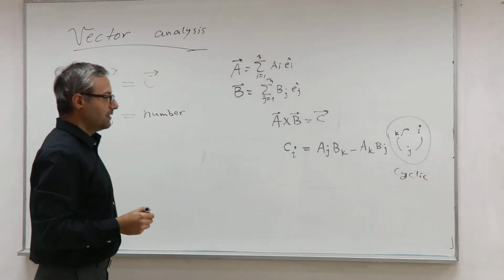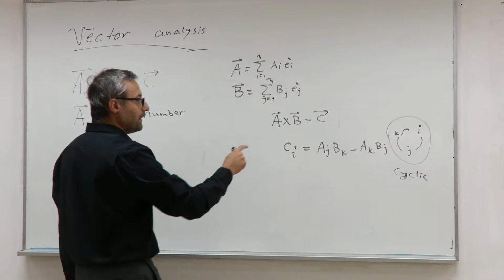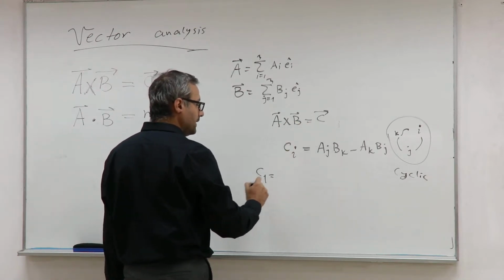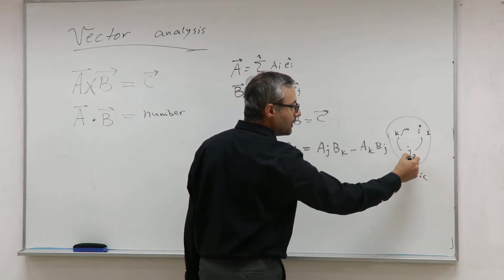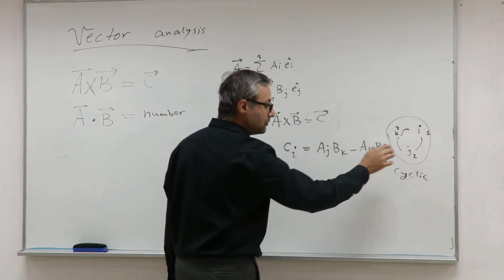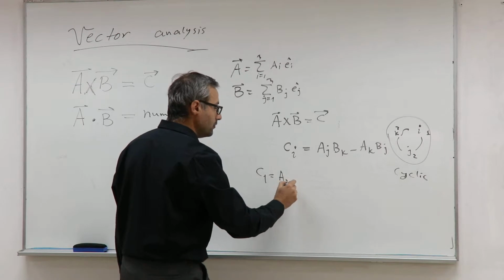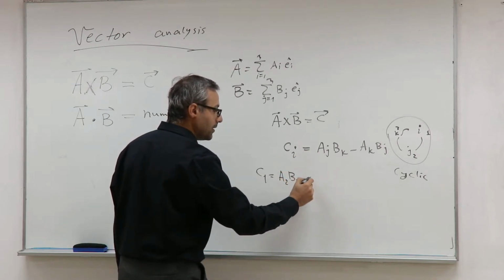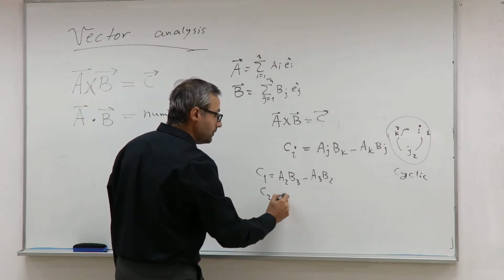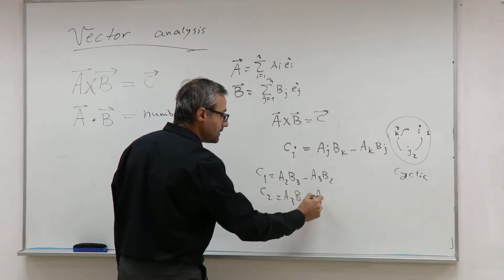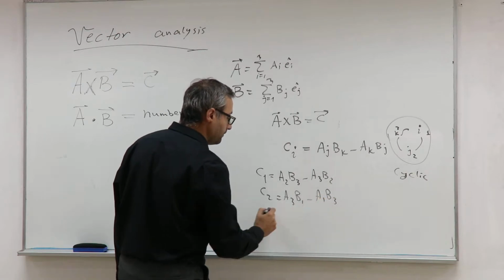What does it mean? If I want to find the first component of this vector, I need to go to the next index. So if you fix it 1, after 1 is 2, so it will be A2 B3, and after 2 is 3, minus A3 B2. And C2 will be A3 B1 minus A1 B3.